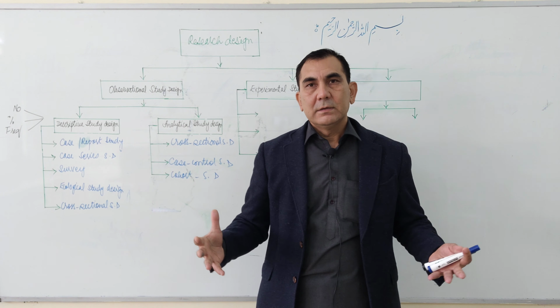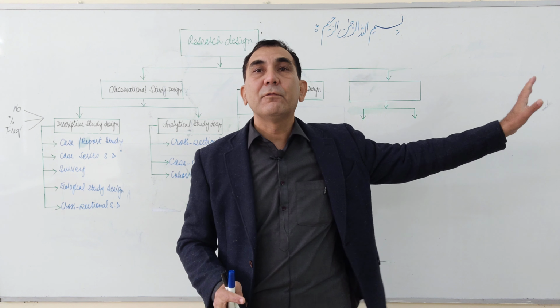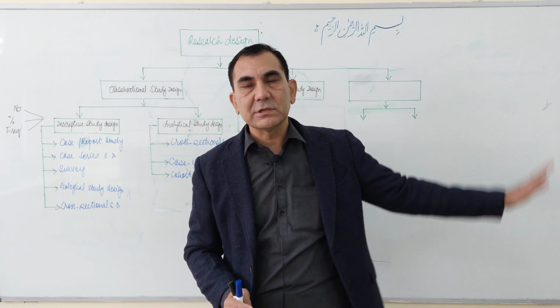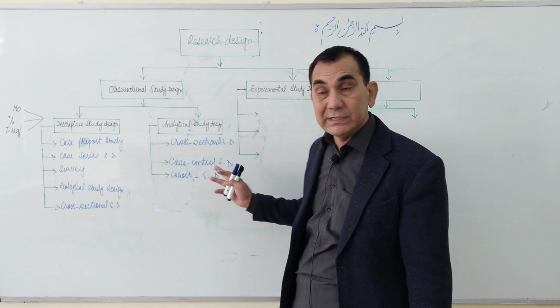What was the cause or the risk factor by which they got oral cancer. In the cases, you select the patients who have the disease, and then you go back to find out the risk factor and causative factor of that particular disease.